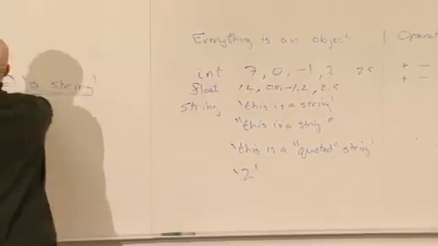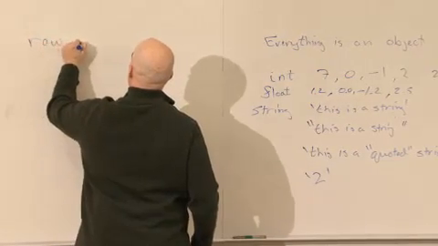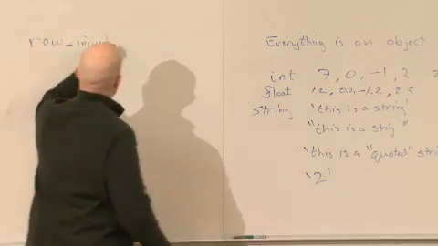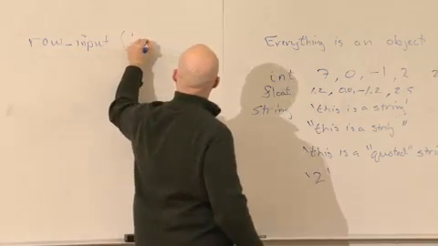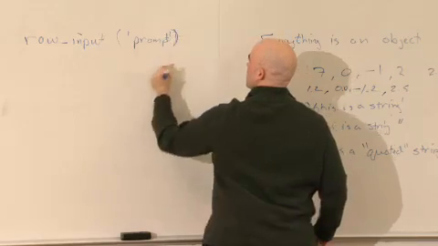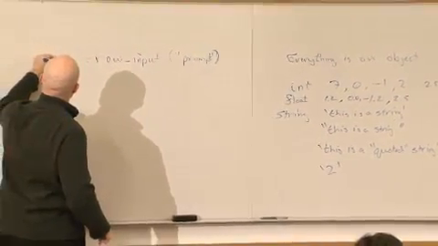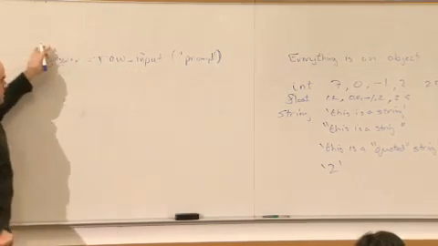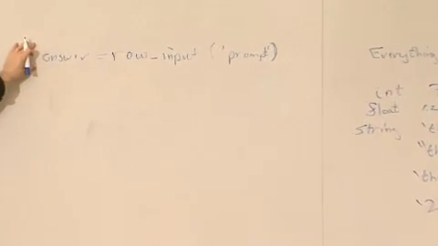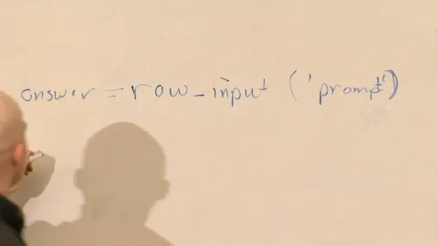So raw input, for example, is going to return a variable, and the type of this is going to be a string. So if you need to use it as an integer or as a float, you can convert it.